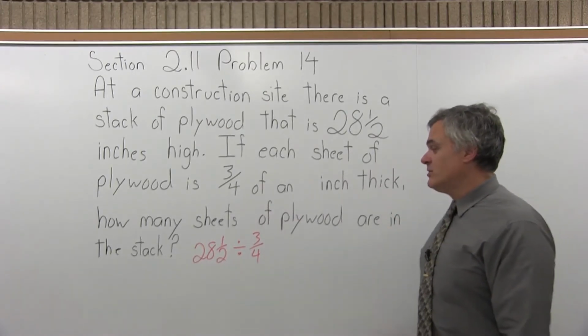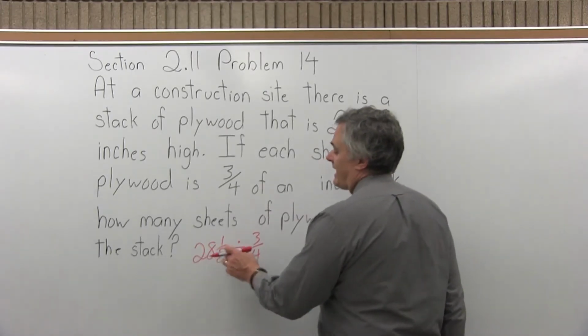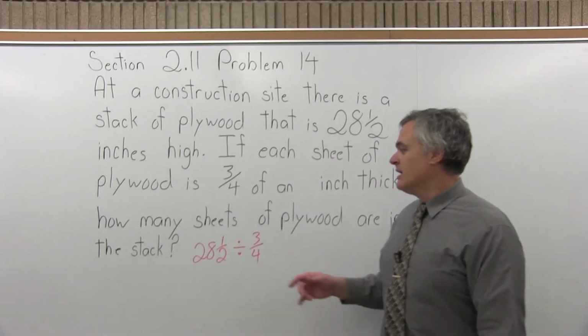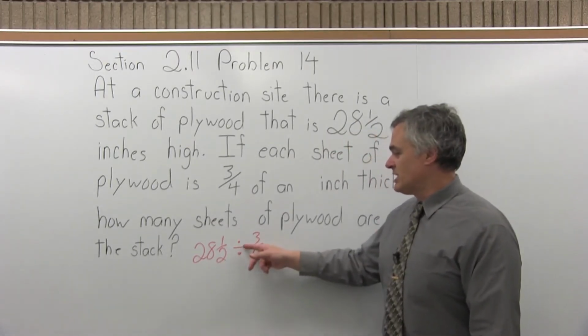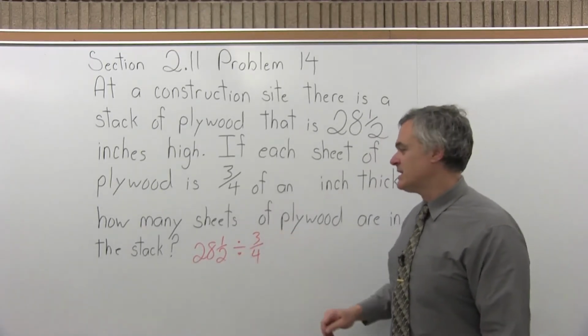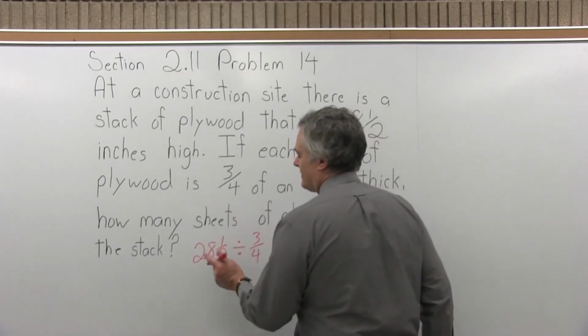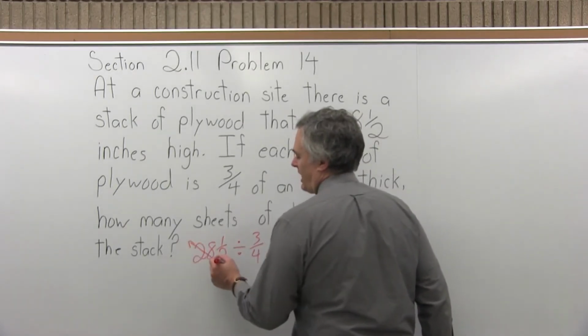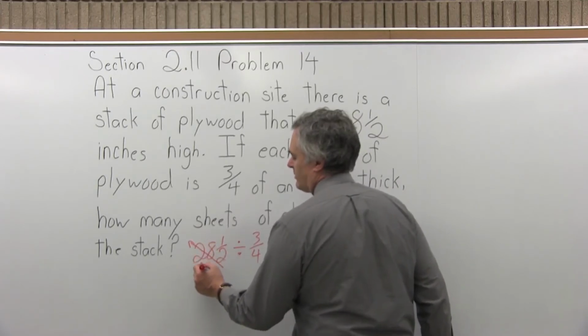So in order to do this, that 28.5 has to be written so that it has only a numerator and a denominator. And once I get it in that form, I'll change the operation to a multiply and invert the 3/4. So let's start with the 28 and a half. Let's rewrite this. To make this an improper fraction, I'm going to multiply the denominator times the number in front.